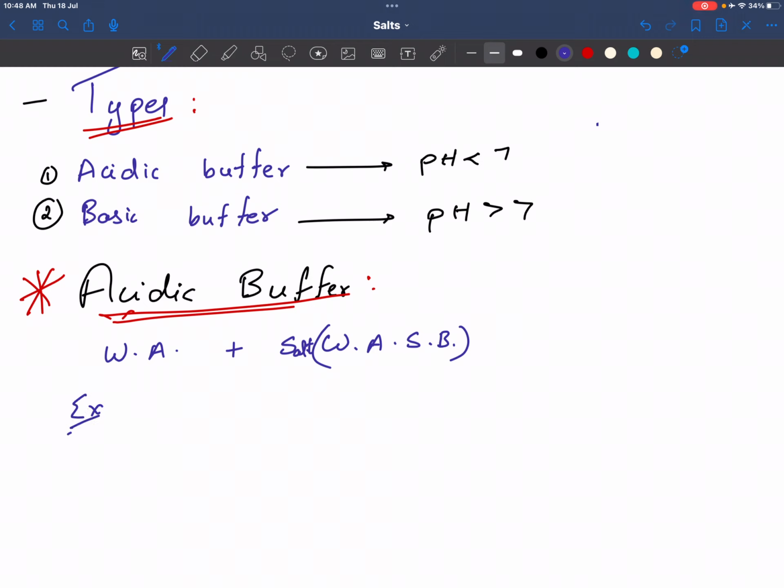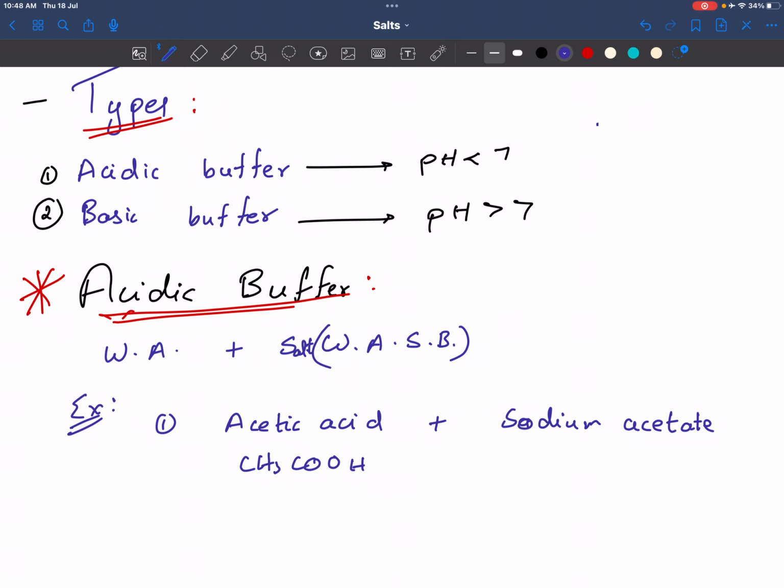Example, acetic acid plus sodium acetate. అంటే అసిటిక్ యాసిడ్ CH3COOH, దాంతో పాటు సొల్యూషన్లో CH3COONa ఉండాలి. ఈ H ప్లస్ పీకి Na యాడ్ చేసాం కదా, this is obtained when you make this react with NaOH. ఇది strong base, ఇది weak acid.